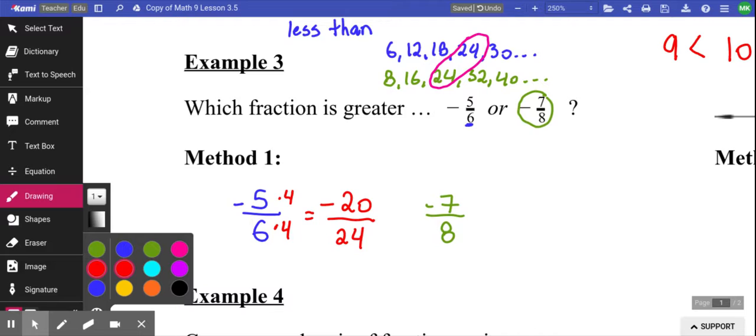And the way that you know is by your skip counting, right? 8 times 1 is 8. 8 times 2 is 16. 8 times 3 is 24. That's how I know it's 3. And that would give me a fraction of negative 21 over 24.